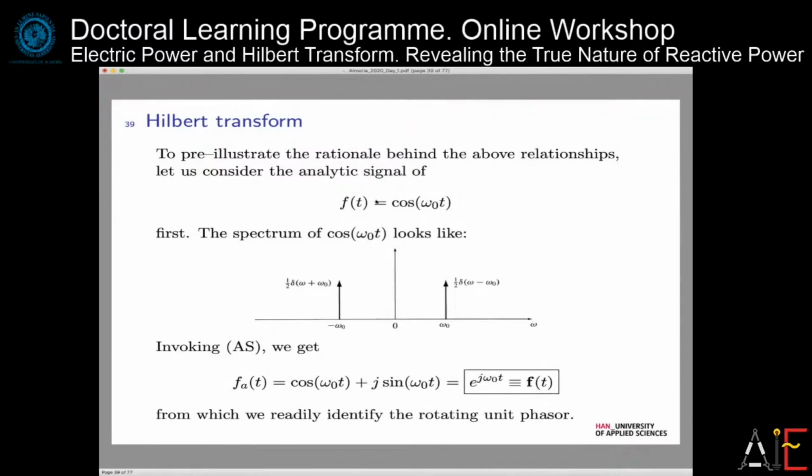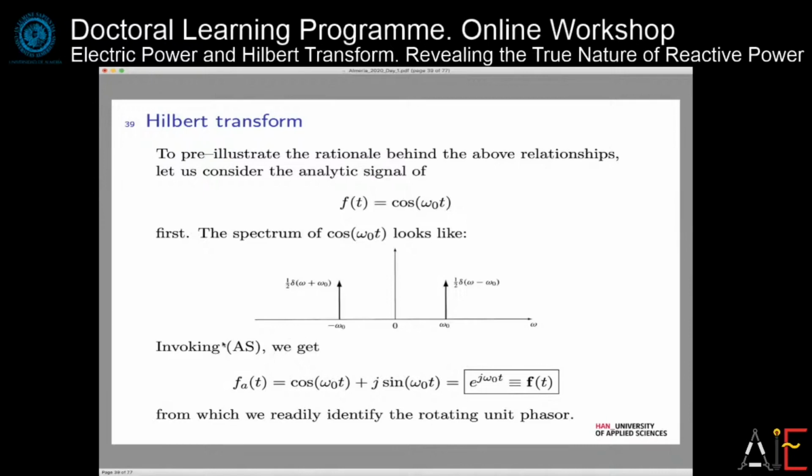The spectrum of this signal in the frequency domain looks like this: two Dirac functions shifted with respect to this frequency, so two of these arrows.